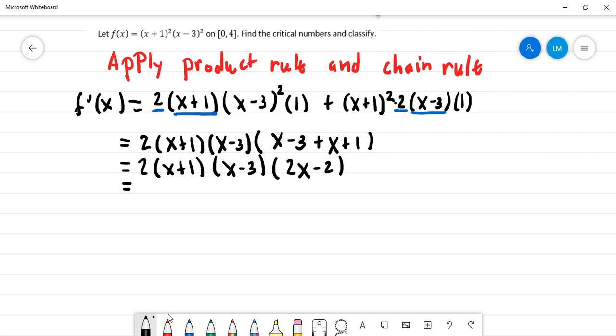So let's write 4 times x plus 1 multiplied by x minus 3, and then that's going to give us x minus 1.